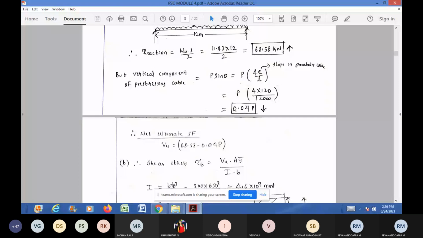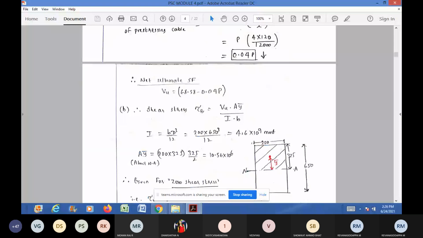Now for tau V we have the formula V_U into A y bar divided by I B. Below you write, we know that tau V equals V_U into A y bar divided by I B. Therefore V_U into A y bar divided by I B equals 0.